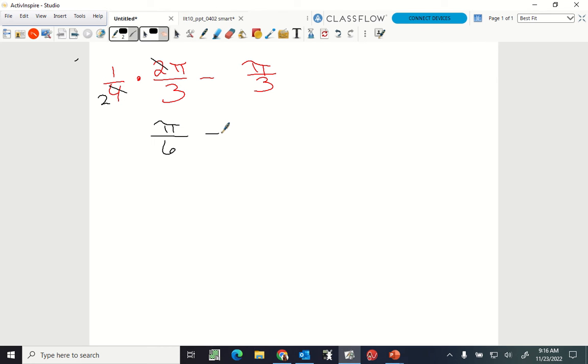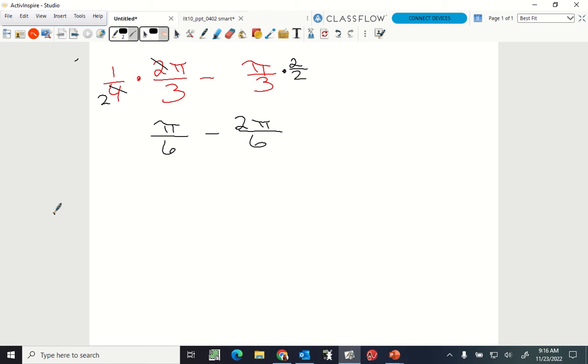The common denominator is going to be 6, right? Because I can multiply that 3 to get 6. I'm going to multiply this by 2 over 2. This is going to be 2 pi over 6. Negative pi over 6.